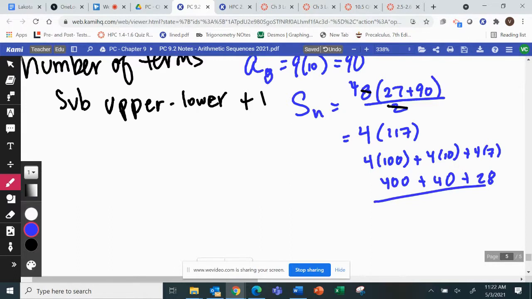This is what they teach the young kids nowadays, by place value. It's just the distributive property. I just did 4 times 100 plus 10 plus 7, and then I distributed the 4 to each of them. I just did it so I wouldn't have to multiply it all out in my head. This I can add easily. 468.